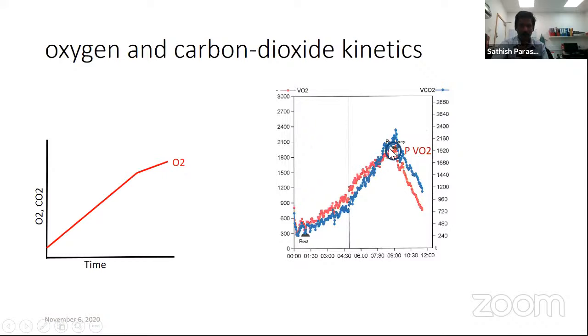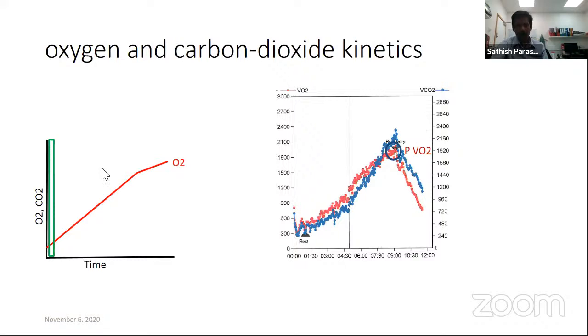You will average it over the last 30 seconds, and you would say this is the peak oxygen consumption for this patient. In this patient, you would say it's about 1,800 milliliters per minute. Then you have to calculate to the kilogram as well, so milliliters per minute, depending upon whatever the weight of the patient is.